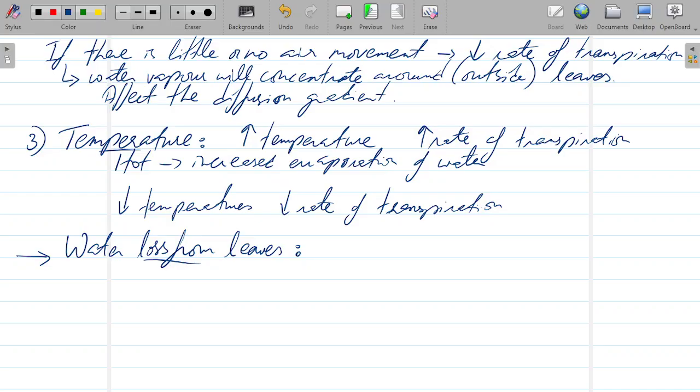For one thing, it is because of transpiration that the plant is able to take in water from the roots and transport it all the way up, depending on how large or tall the plant or tree is, to all other tissue, all other cells. It's not just the leaves that require water.